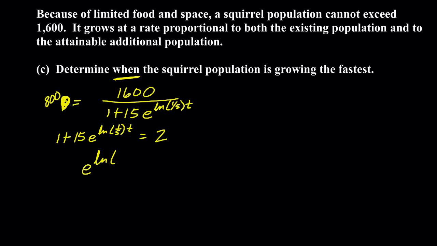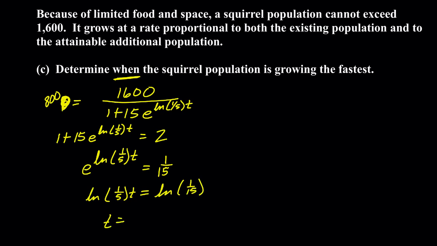So we get e to this power, subtract 1 and divide by 15 is 1 over 15. Take the natural log of both sides, so you get natural log 1/5 t equals natural log of 1/15, or in other words, t is equal to these natural logs divided by each other.